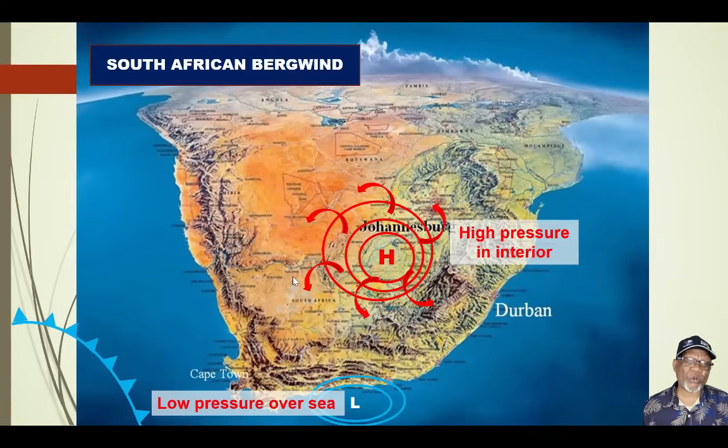So what you should know, the impacts of Berg winds will also be similar to the impacts of tropical cyclones, mid-latitude cyclones, and line thunderstorms. But the difference is the other one is going to destroy vegetation because of strong winds.